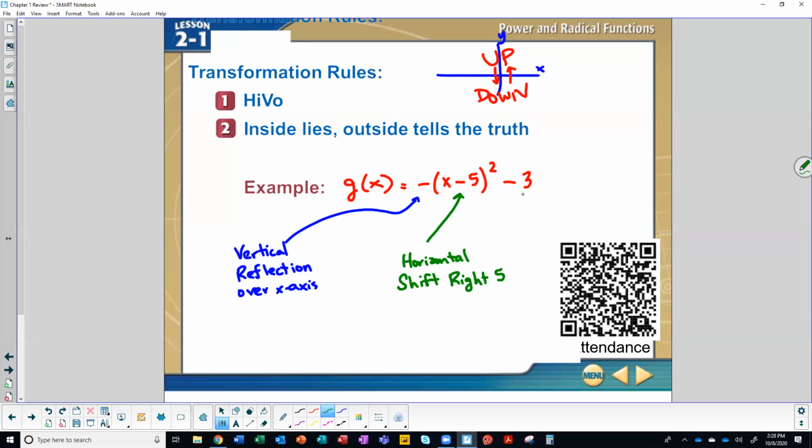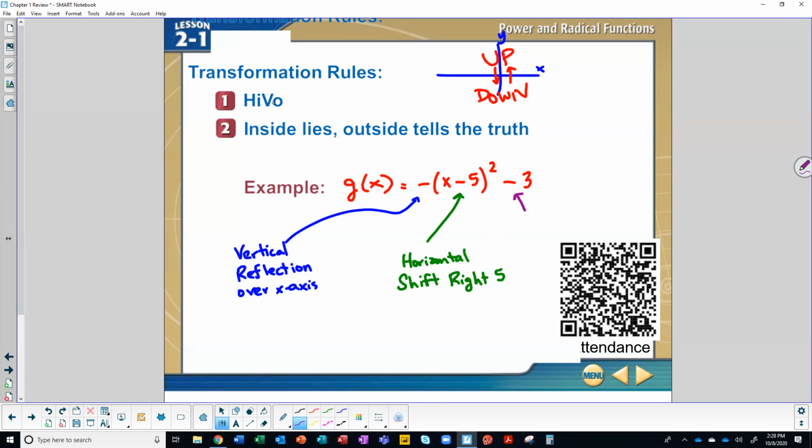And now finally, -3. Is that inside or outside? Outside. Notice I said here -5, and this is -3, not negatives. I would just say -5, -3, which means we're not reflecting here, we're just shifting.